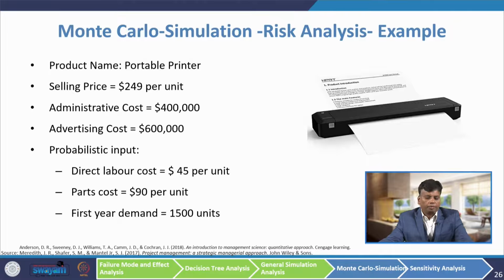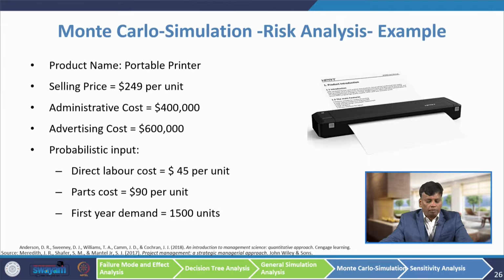The product is a portable printer. Assume that the selling price of that portable printer is $249 per unit, and there is an administrative cost of $400,000 and an advertising cost of $600,000. And the most important thing is that the simulation will have inputs that are probabilistic in nature.